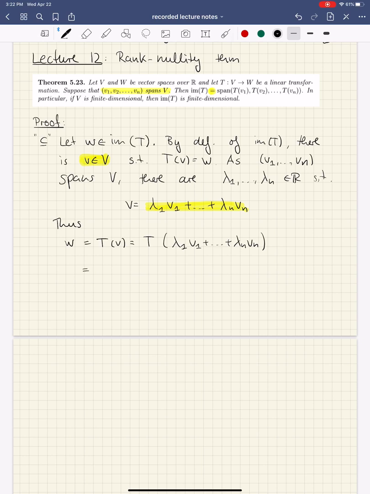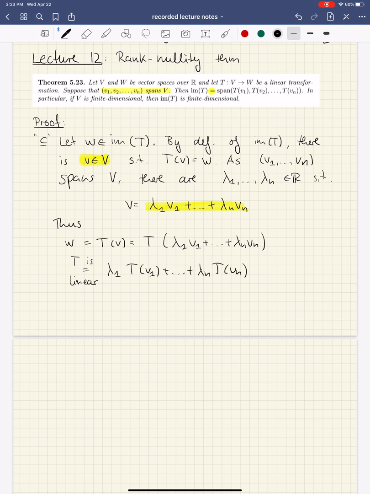And the next step is that I'm going to use that T is linear. This is another reflex: if you see T of a linear combination inside your proof, probably what you want to use is that T is linear. T is a linear transformation, of course, and you want to break it up.